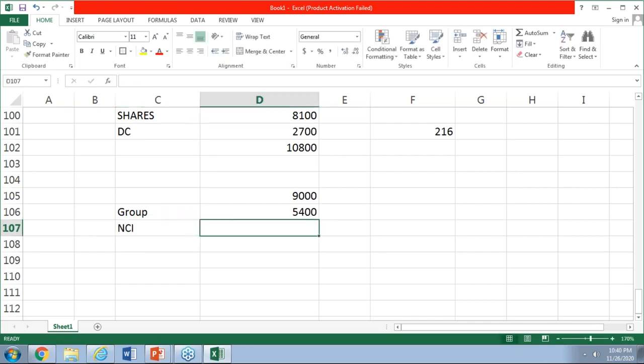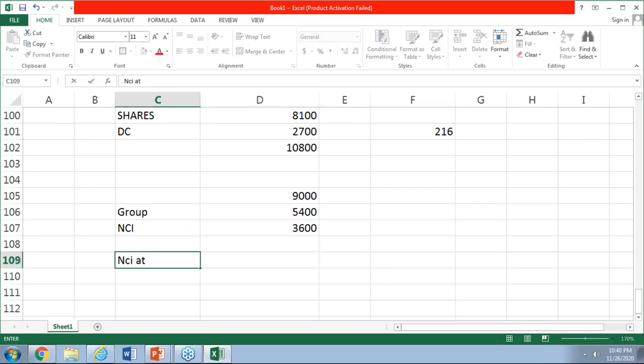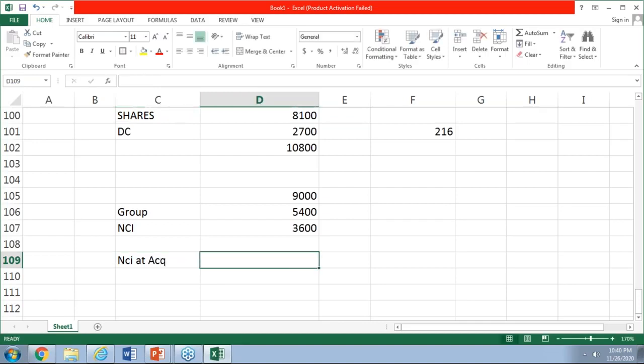So the NCI shares will be the balancing figure. If the group has acquired 5,400 shares out of total 9,000 shares, the NCI shares will be 3,600. And NCI acquisition can be calculated as number of shares of NCI into the share price of the subsidiary, which is 1.5. So the final answer should be 5,400. Very good. It's nice to see the people are calculating the right figures.